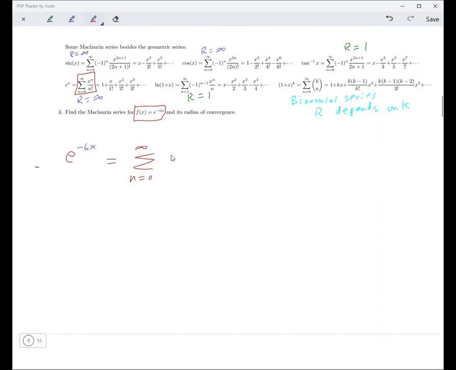So then all you have to do is replace this x with a negative 6x in parentheses. And that's what you get. So that's going to be your answer right there. And because this has a radius of convergence infinity, then this one will be radius of convergence infinity also.